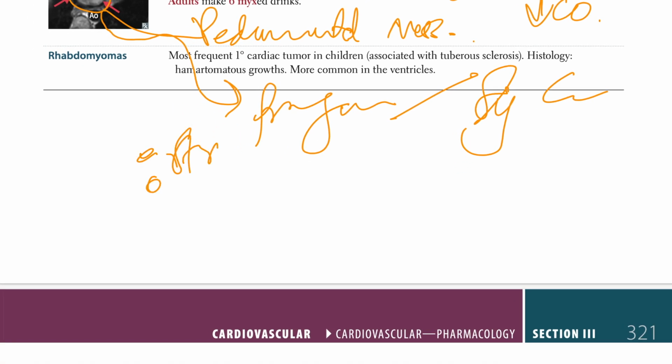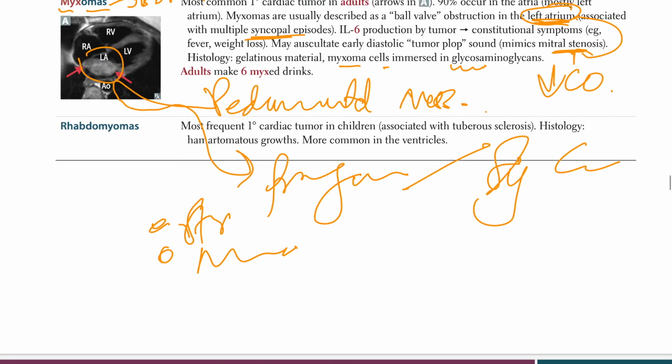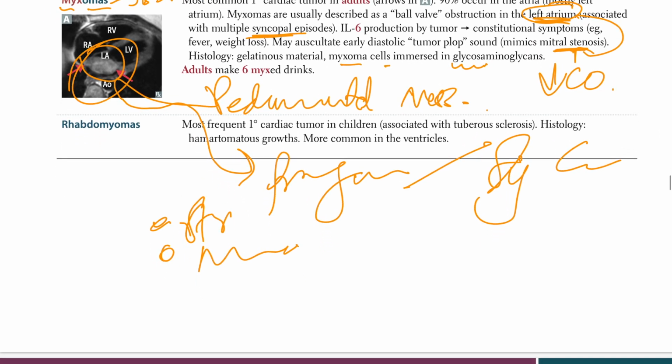If it goes into the GI, it's going to cause mesenteric ischemia, right? And these are the things that it can cause. Other than that, it can also lead to obstructive signs and symptoms. Obstructive meaning because you're obstructing the blood flow, causing decrease in cardiac output. That's your obstructive signs and symptoms.